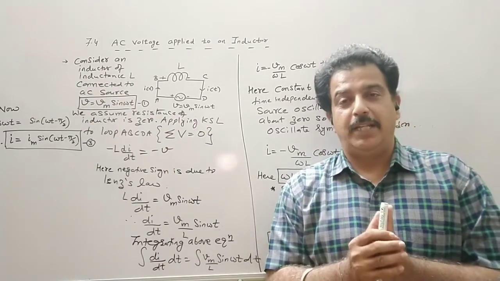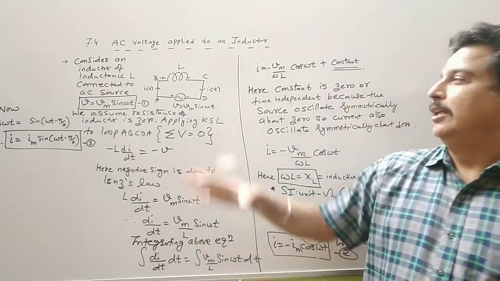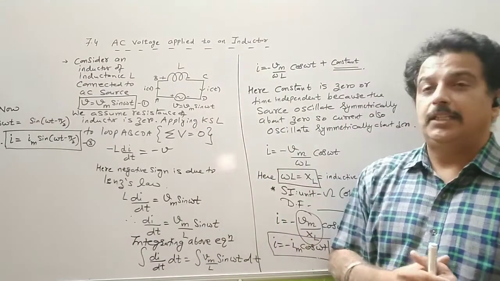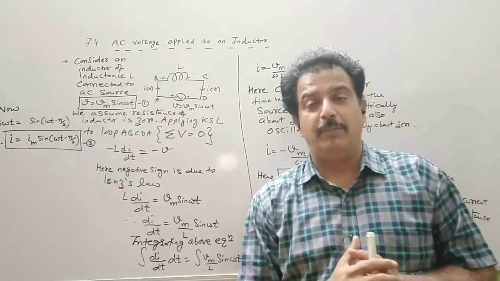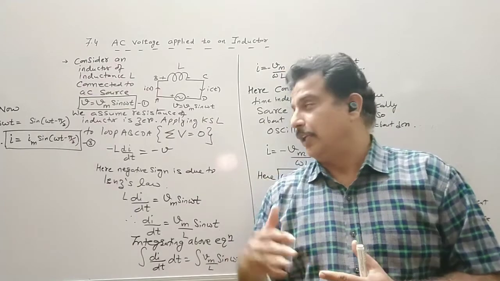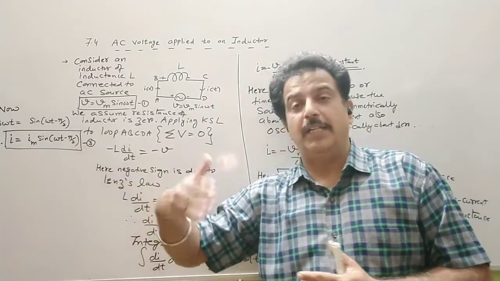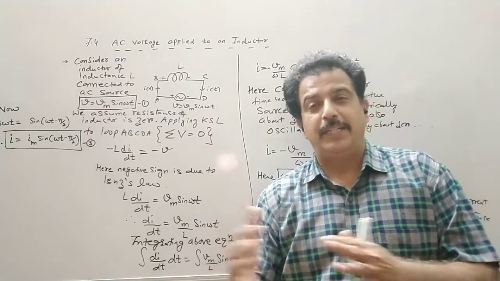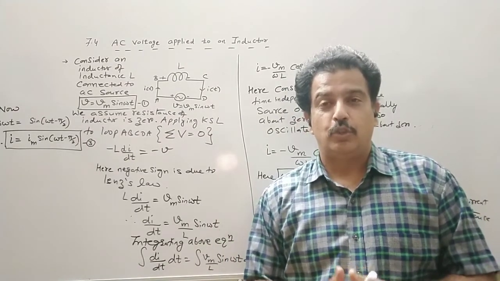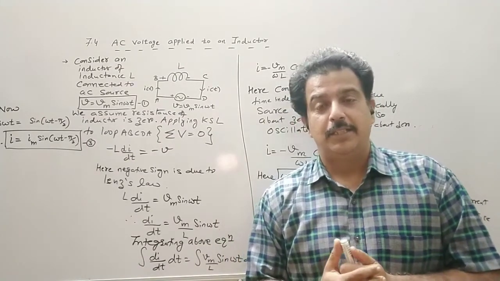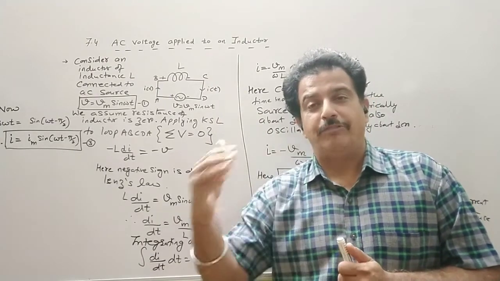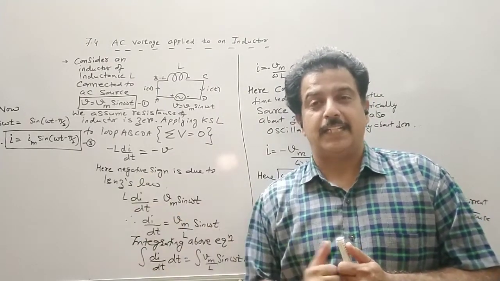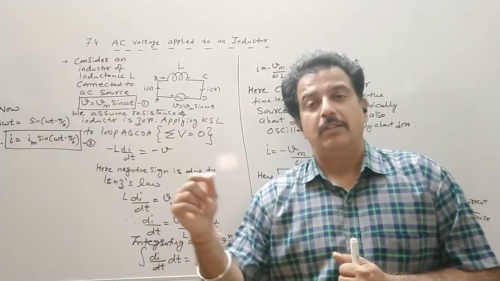It physically means that when we switch on such a circuit, the current will be established after, now it lags behind by 90 degree. So 90 degree means time period is T by 4. So the current is established in the circuit after T by 4 second, where capital T is the time period.